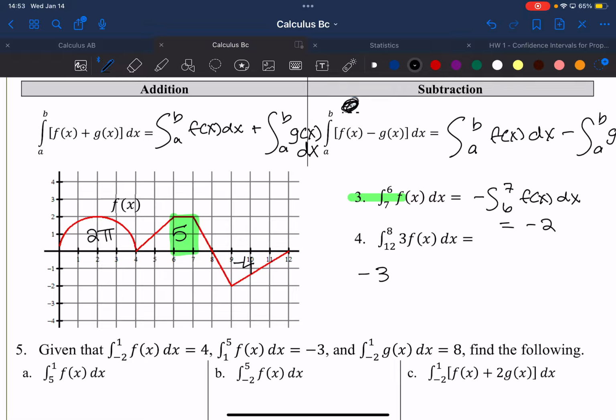Negative because of the reversal, 3 because we're taking out that constant, of the integral from 8 to 12 of f of x dx. I go on my graph and look at from 8 to 12, which is this entire triangle here. Then I take negative 3 times negative 4, because that's the area of the triangle, and I get what as my answer? 12.